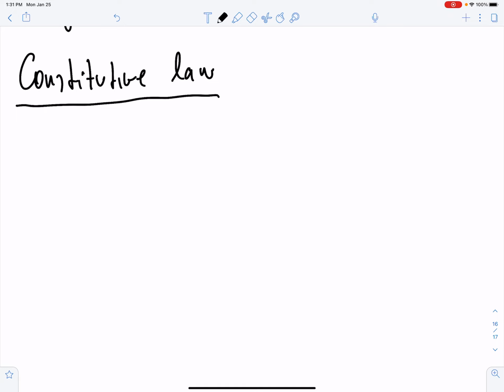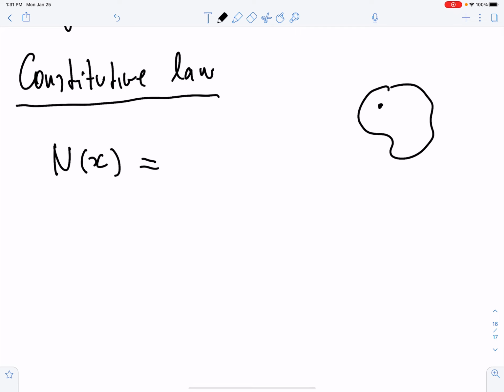is first you write down N as a function of x, so distributed force, equals... If you look at the cross-section of that bar, which could be a geometrically complicated cross-section, then you have something called stress on that bar, sigma, stress, or force per unit area.